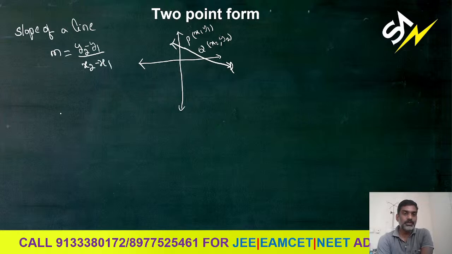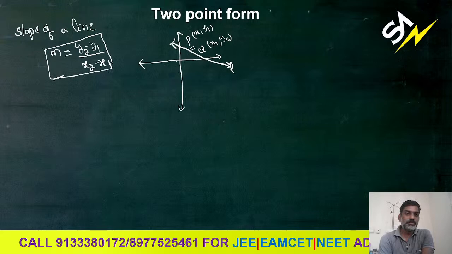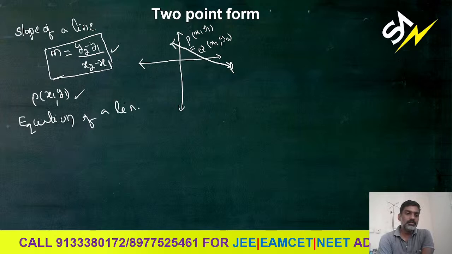This is the slope formula. So based on this slope, we can take a point here. One of the points we can take, suppose P is the point. Let us take P x1 comma y1 as the point. Slope of the line is this and P is this. Then we have to write the equation of the line.